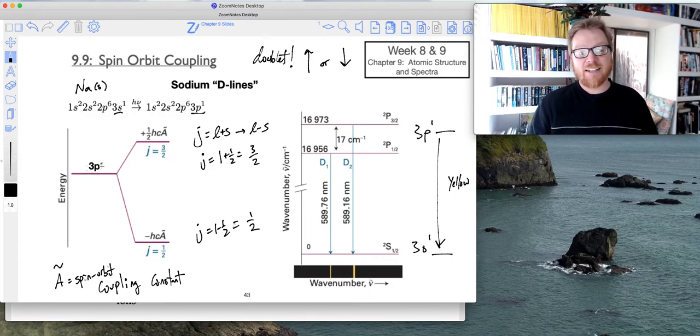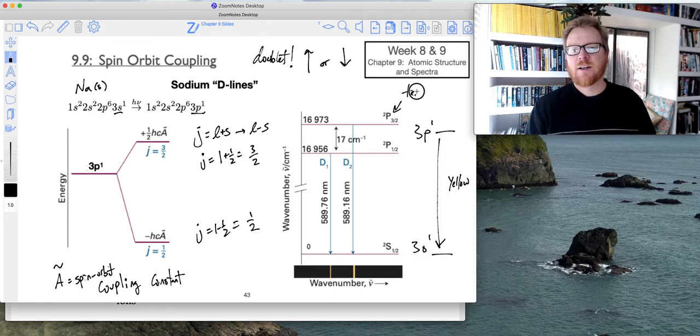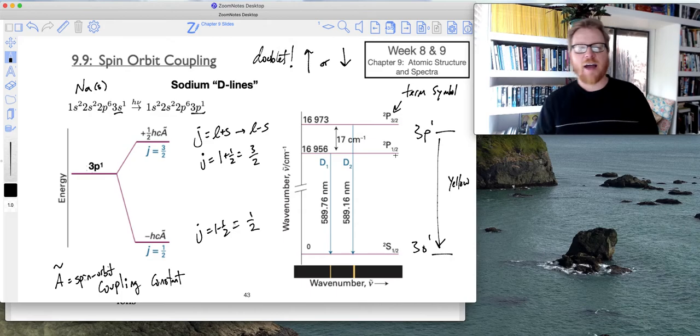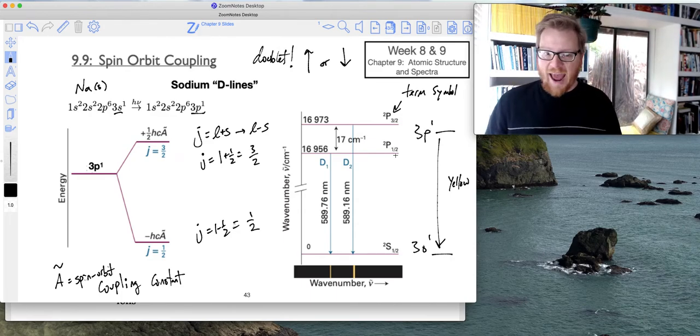And it's split into that high J value, which is actually higher in energy, and it's split into the low J value, which is lower in energy, all right? And so you can see that given here by this term symbol, which is where we're going next. And what's important to note for now, because you don't know about term symbols, here that 3/2, that corresponds to the J 3/2, and here that 1/2, that corresponds to the J 1/2.